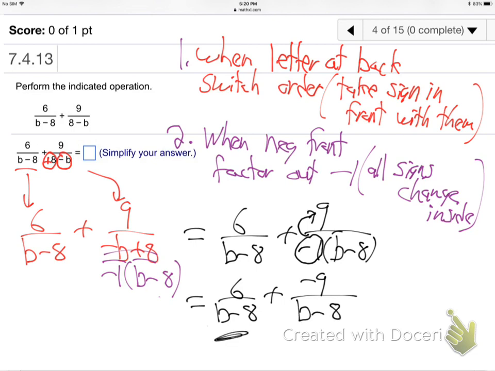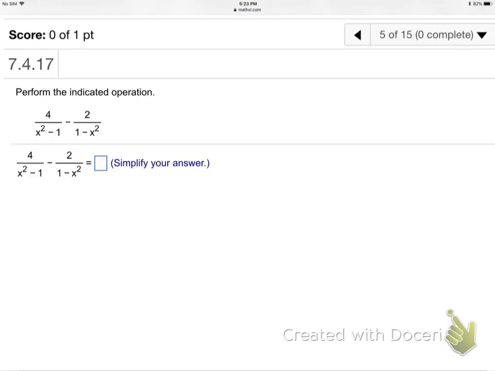So that these two denominators would now be completely and totally the same. We have to make the two denominators common, same, identical. So I had to move that -1 up top. Now, I can put them together into one final answer because they do have the same denominator, 6 and -9, -3. There we go.